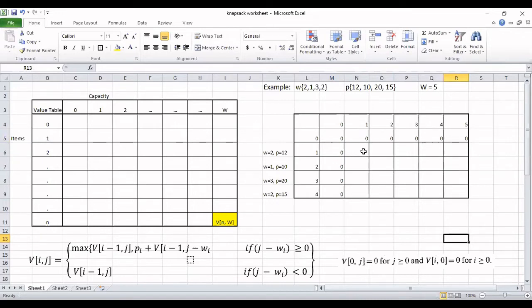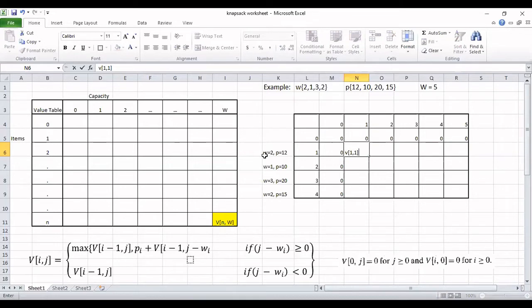Now we will start checking from the next row. This cell is V of 1 comma 1, so we have to fill V of 1 comma 1. The first item's weight is how much? 2.